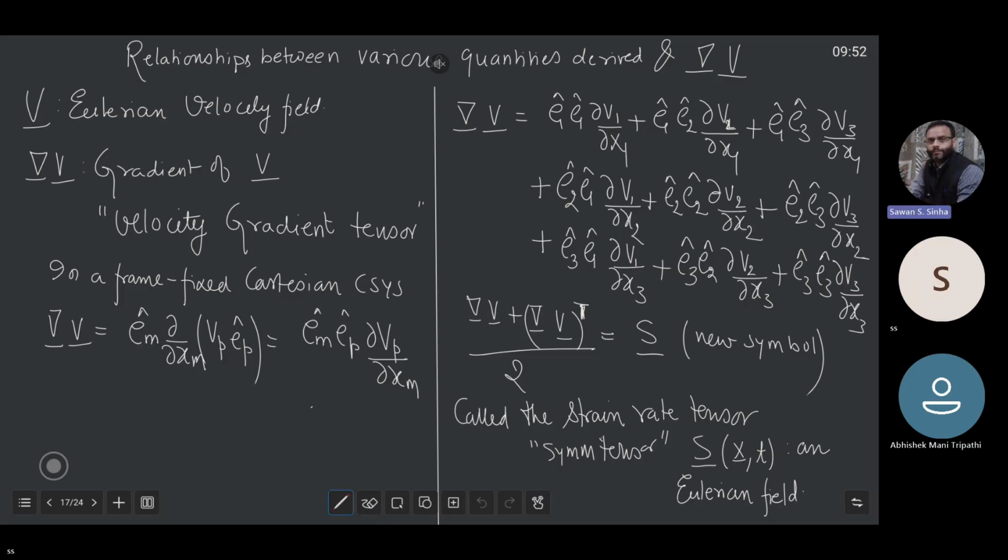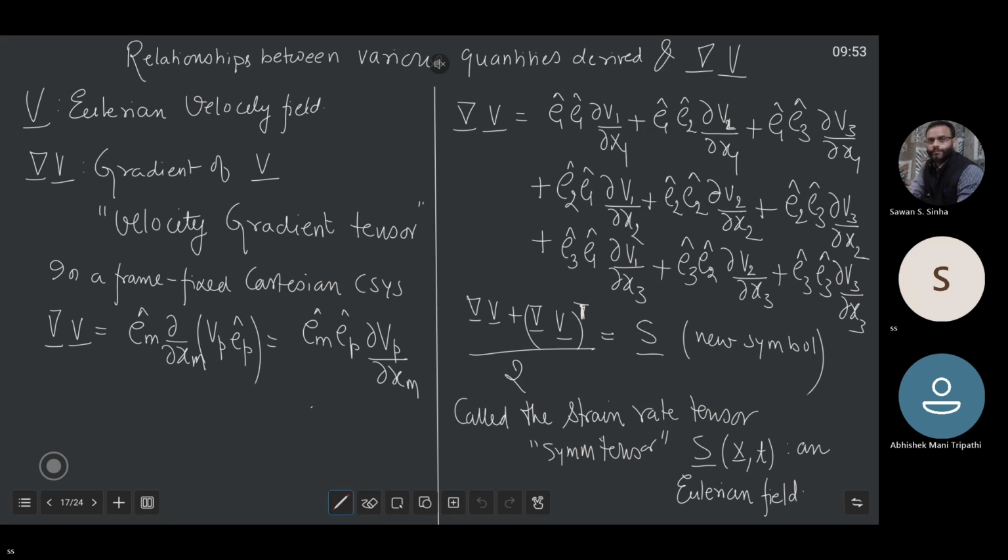Now those derivatives that we have seen so far, we can show that they are all various scalar components of a tensor of second order.